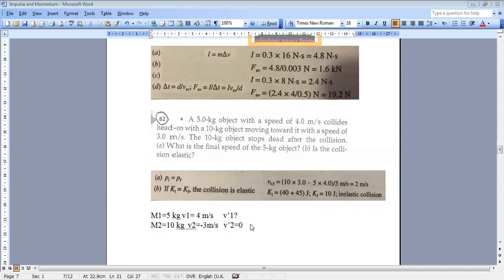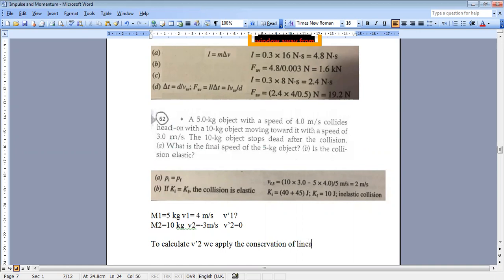So what I want to do first is calculate V prime 1.